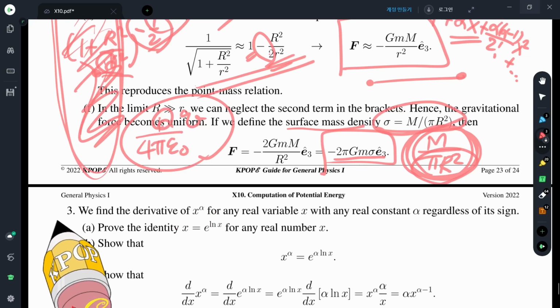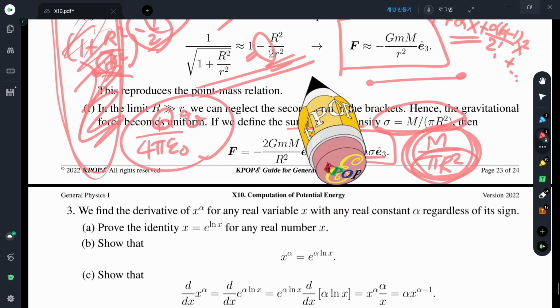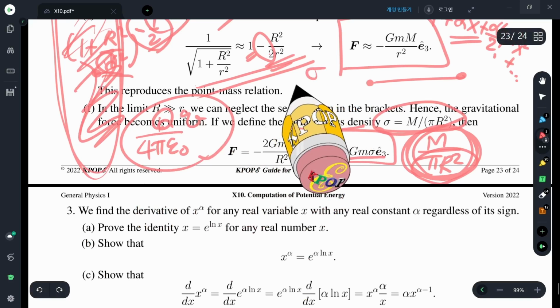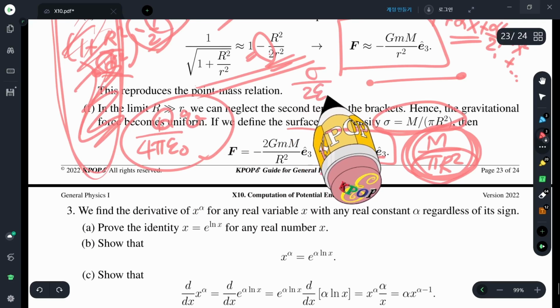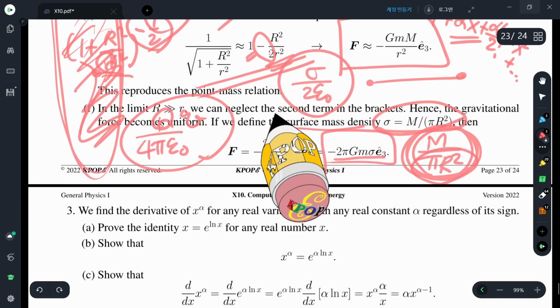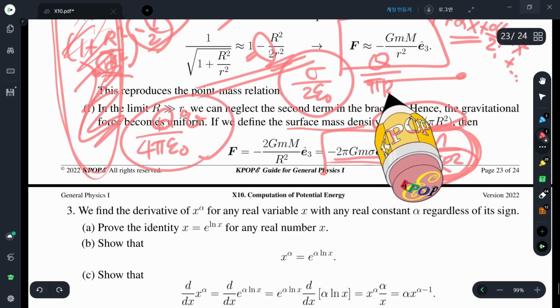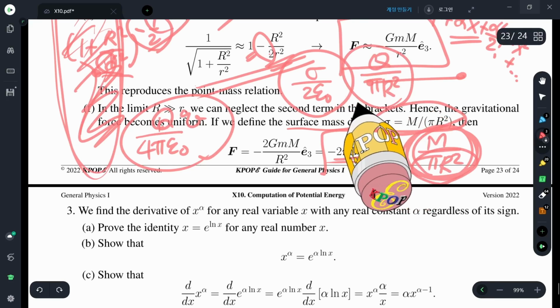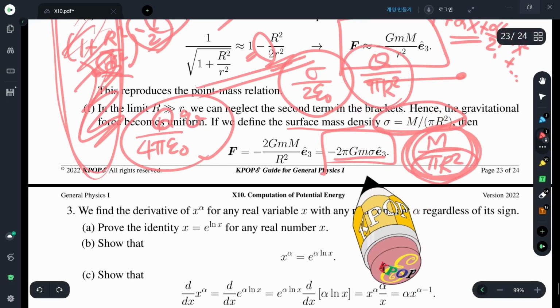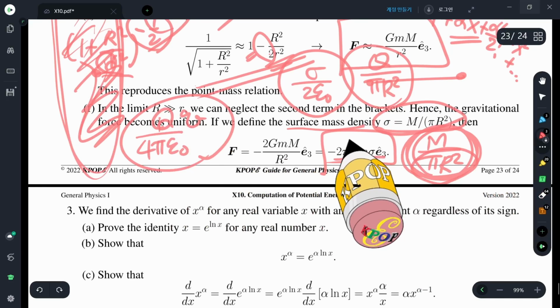All right? Actually, in that case, it is sigma over 2 epsilon 0, where sigma is the charge per unit area. In the next semester, in the General Physics 2 course, you will find exactly the same problem.